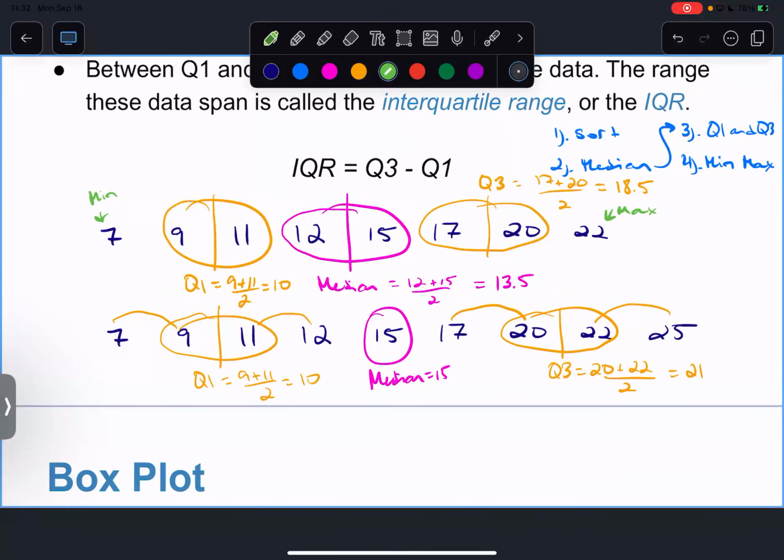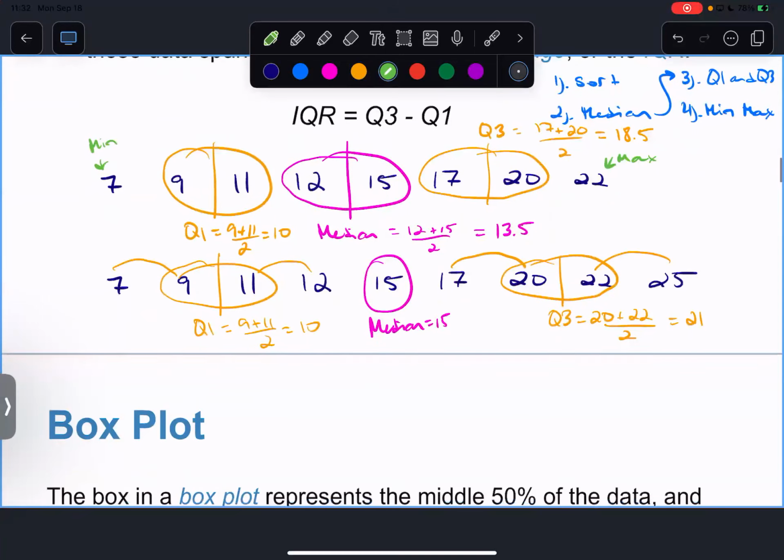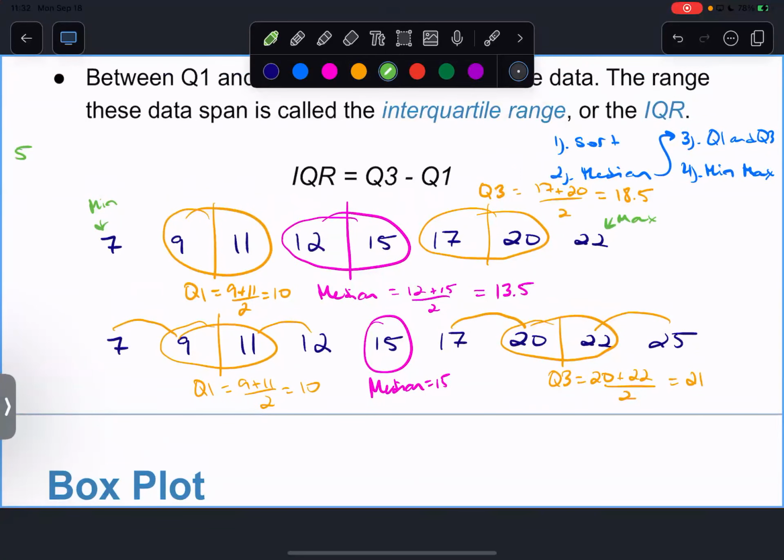I will say maybe the 5-number summary, because I might ask you for the 5-number summary, is the minimum, Q1, median, Q3, and the maximum.